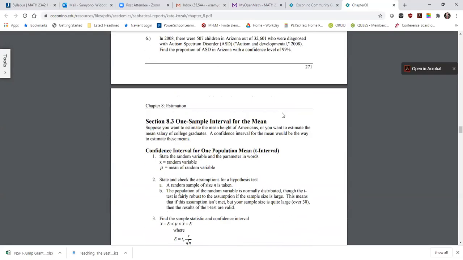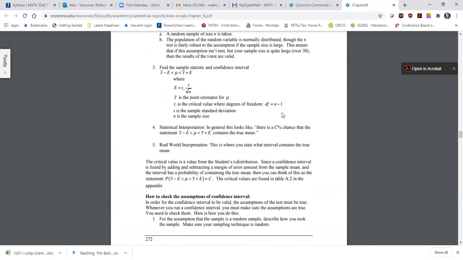So that's for the proportion. This is for the sample mean. Okay, same steps, but just a different formula. Yeah. Okay.